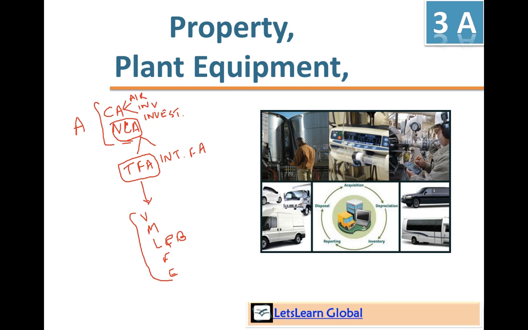So the amount which you spend to acquire an asset will gradually decrease in the subsequent years. Therefore, the amount you spend to acquire the asset is treated as sunk cost, and it has to be recognized during the life of the asset.